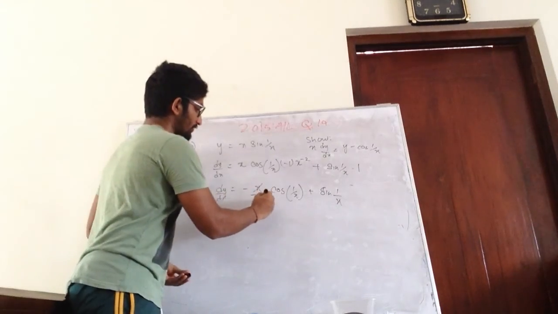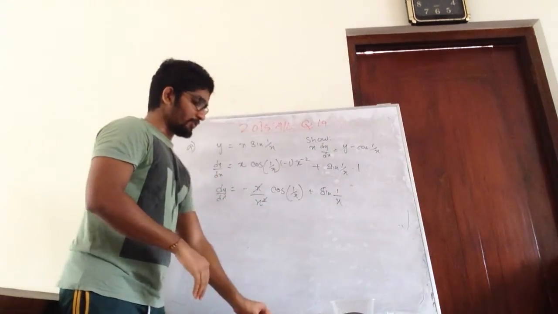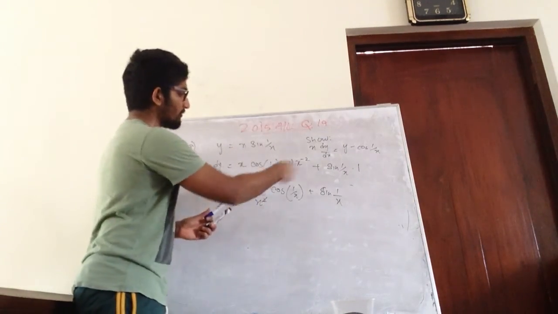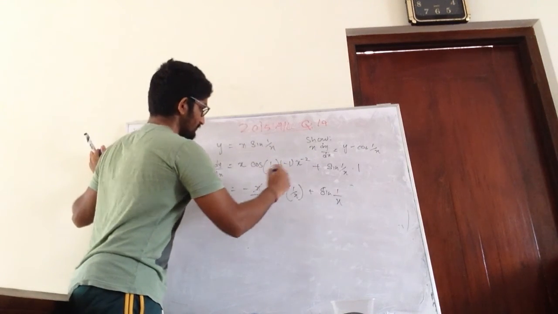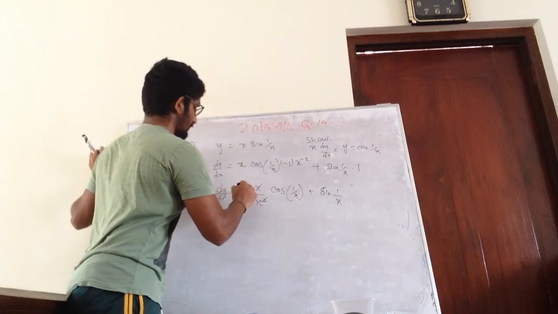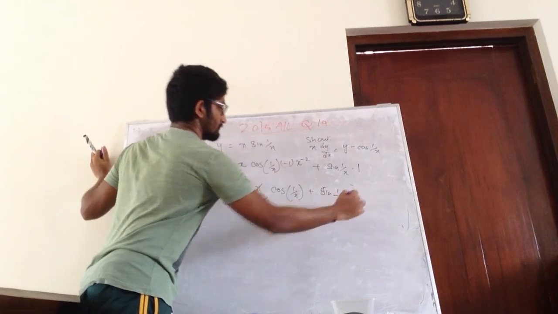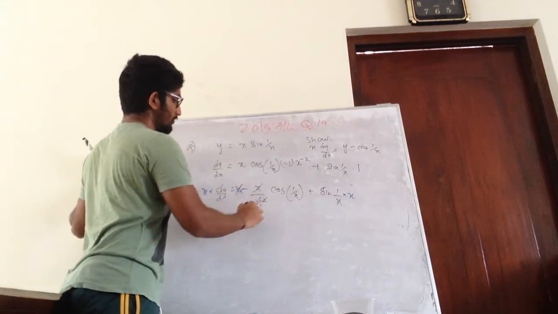You can actually cut one of these. So what I'm going to do is now I'm going to multiply both sides by x. Then I can cut these off.